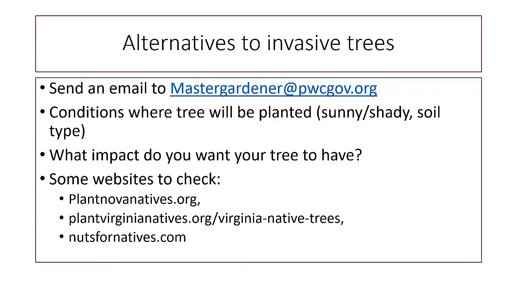Plant Nova Natives has a real interesting section where there are some natives that they don't recommend, and they tell you why they don't recommend those trees. So if you are interested in looking for a tree to replace one of those invasives on your property, I would urge you to check any one of those 3 websites and ask yourself some questions. Specifically, what impact do you want a tree to have in your landscape?